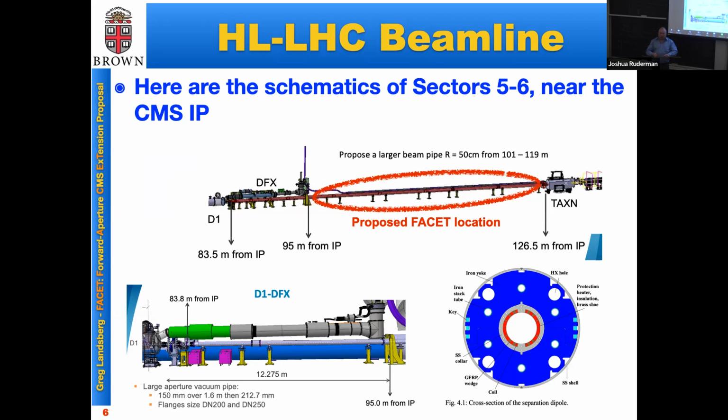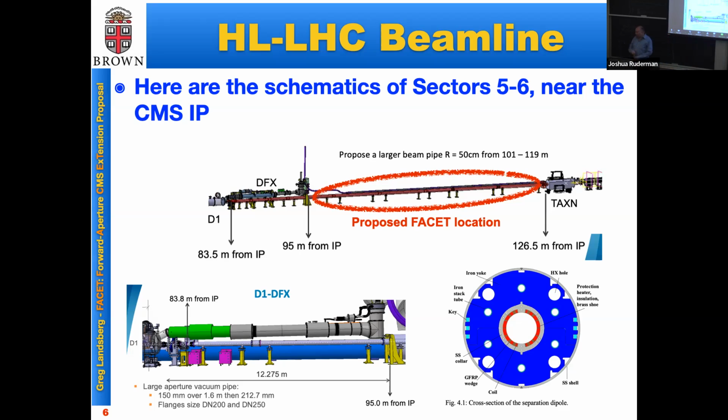And then about 100 meters away, they are separated again and fed into the vacuum beam pipes. So the area between the D1 and a few more beam optics elements and the TAXN, which is the absorber for neutral particles, is essentially free. There's not much going on there. So that's where we want to install the detector.